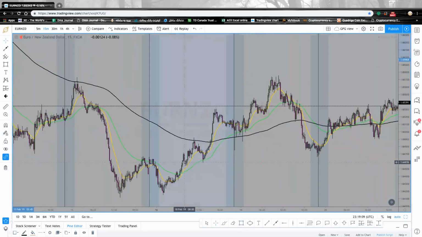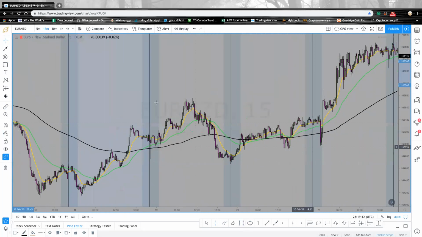And then you see they attempt to go up. Leave the wick, fill it. Left wick, filled. New wick, filled.